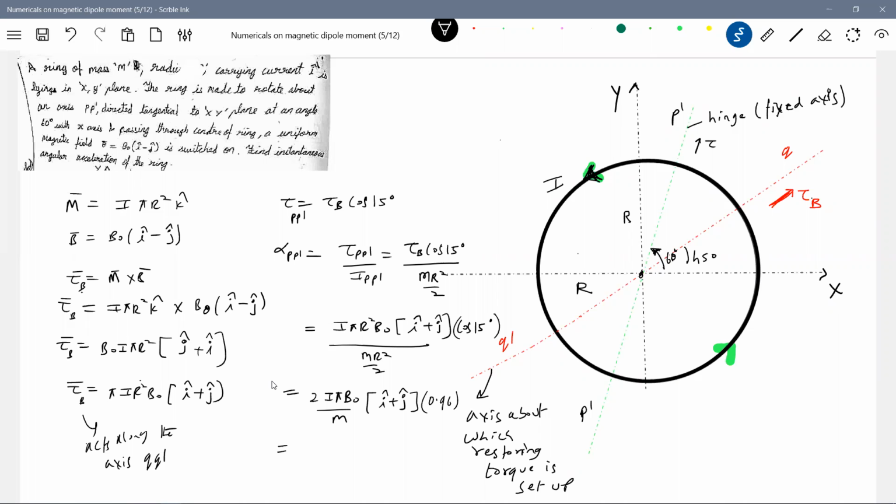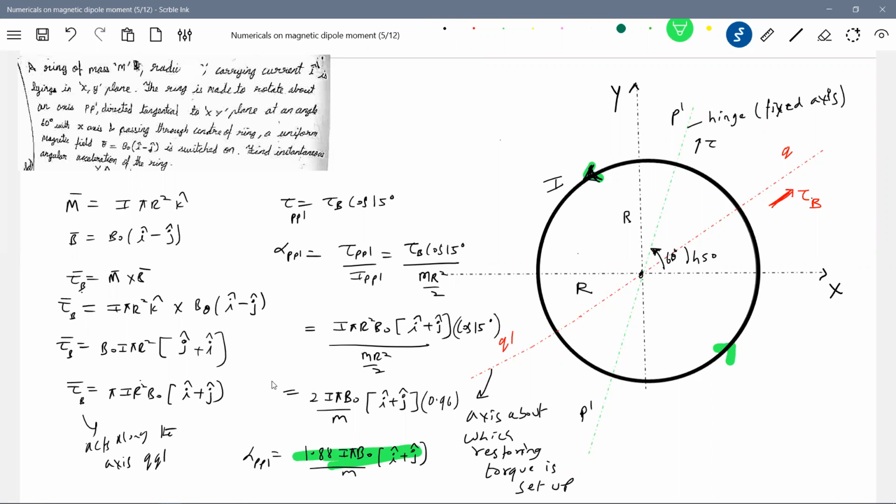Multiply with the 2, so you'll get 1.88 I pi B naught by m. This is the instantaneous angular acceleration.